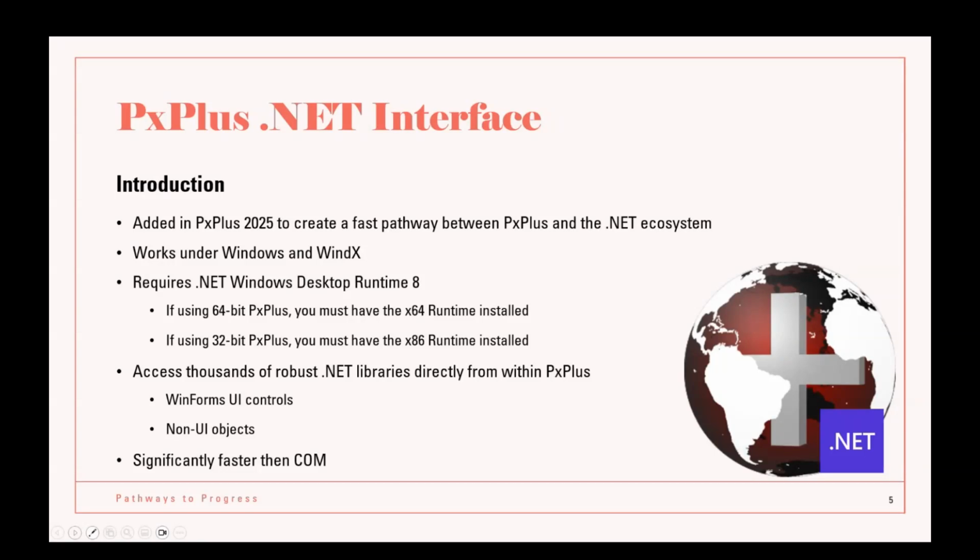Pretty much all the modern installers support this because it's such a common thing for applications to need to do. If you're using 64-bit PxPlus, you want to make sure you install the 64-bit version of the .NET desktop runtime, which they call x64. And if you're using 32-bit PxPlus, you want to use the x86 runtime, which is the 32-bit one.